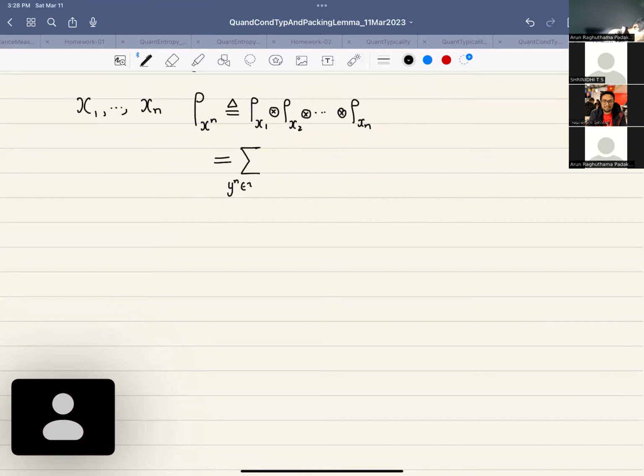Sum over y^n belonging to Y^n, product over i equal to 1 through n of q y given x of yi given xi. These x1 through xn are fixed, and you're summing over all the y^n. Then E y1 given x1 tensor all the way.